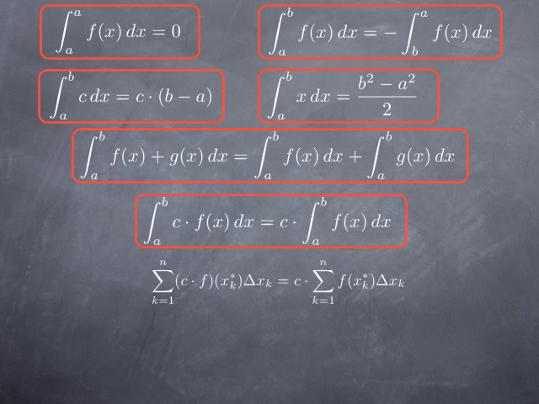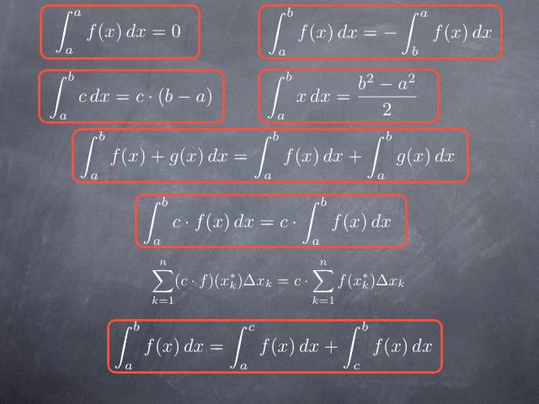Again, this comes from the definition in terms of Riemann sums. If I consider a particular Riemann sum for a particular pointed partition, I have this common factor c in each term of the sum, so I can pull it out as a common factor, and I get c times the corresponding Riemann sum for f. Passing to the limits, we obtain the integral formula above.